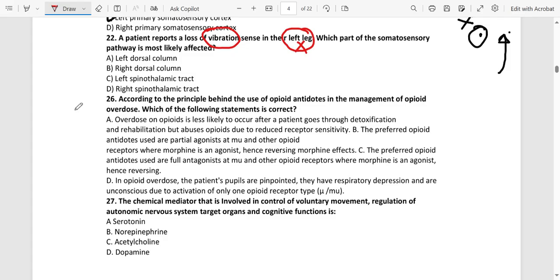Yes, please. So, for the dorsal column, sensations are ipsilateral. If there is injury to the spinal cord, always ipsilateral.